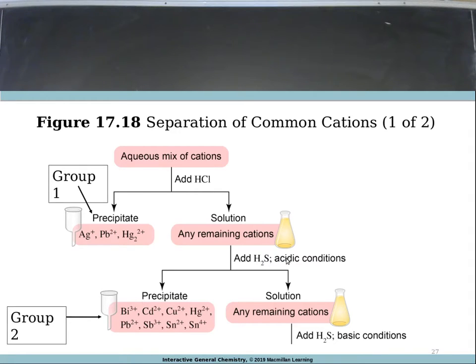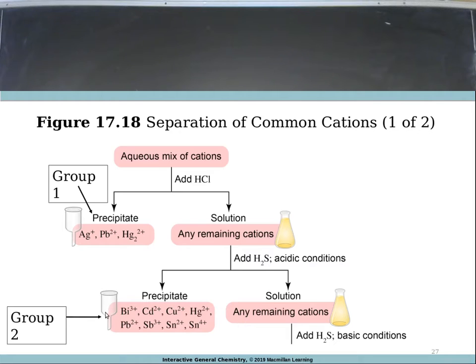You keep it under acidic conditions and just add some H2S. Well, that's going to introduce sulfide ion, and there's actually a whole host of metal cations that will be insoluble with sulfide.